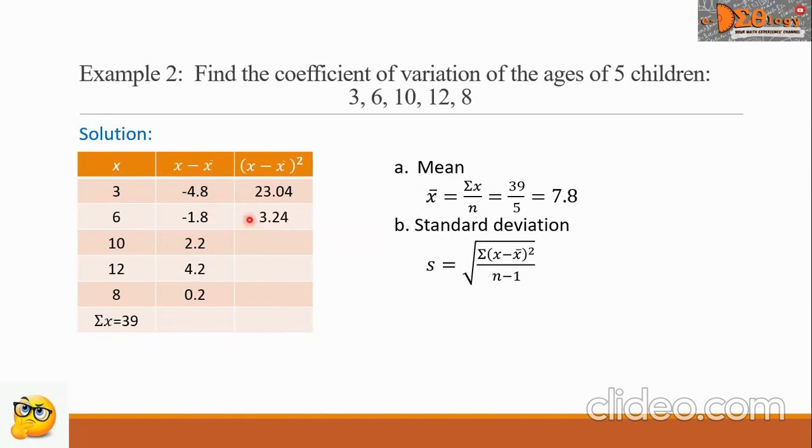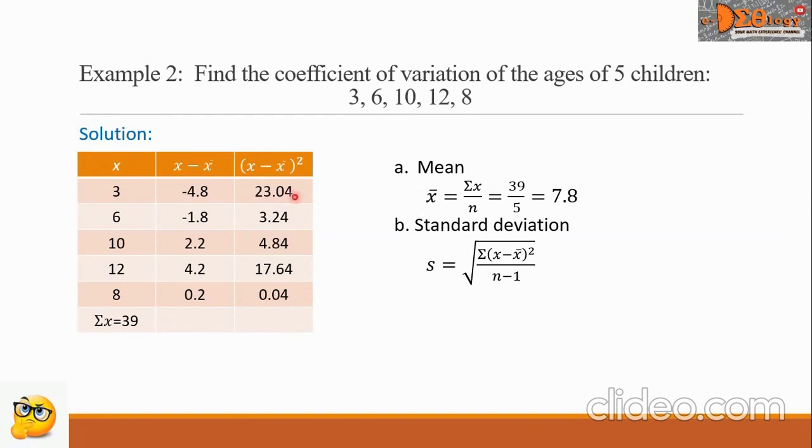So we have positive 3.24. The square of 2.2 is equal to 4.84. The square of 4.2 is 17.64. The square of 0.2 is 0.04.